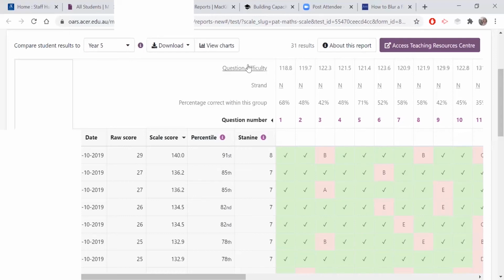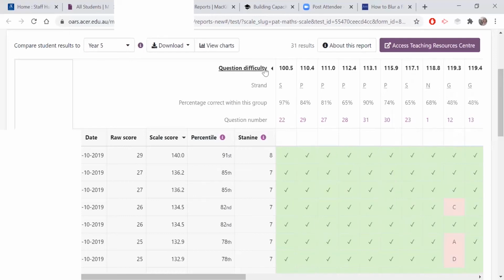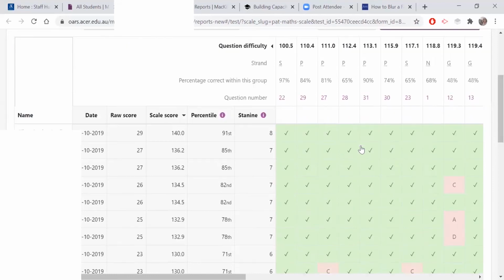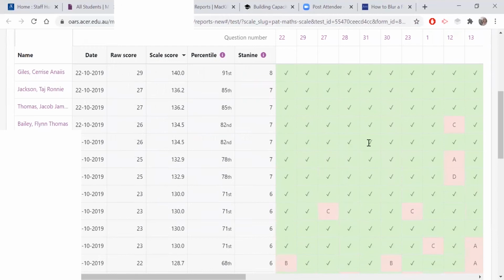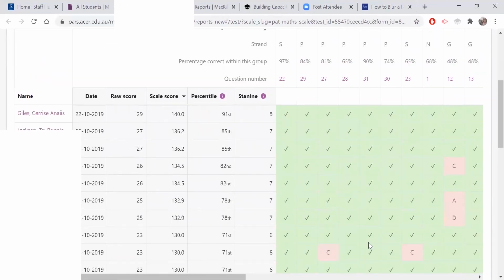So the question difficulty ranges, the easiest was 100.5, and the hardest is 134.8. All right, so I usually put them from easiest to hardest just to have a look. And you can see from my view that, you know, the easier the question, the more people get it right.